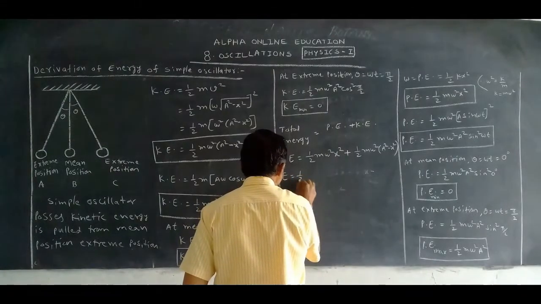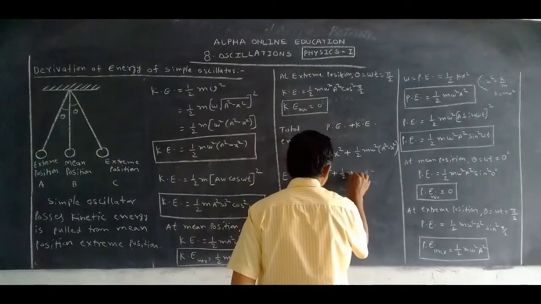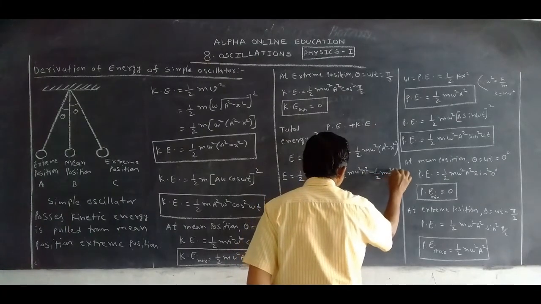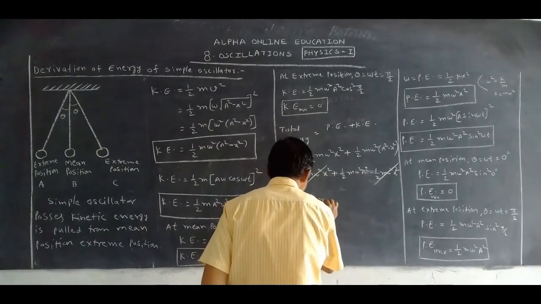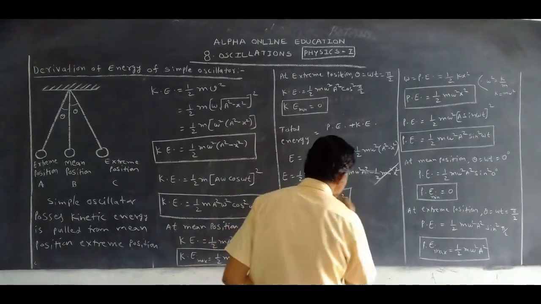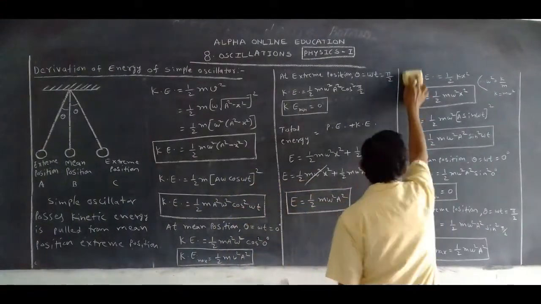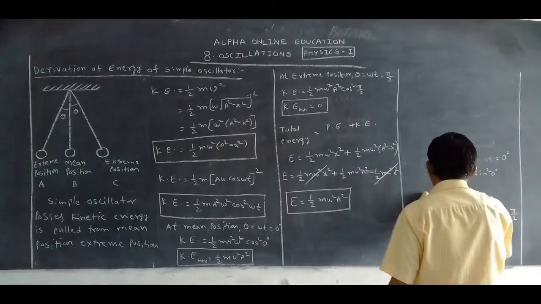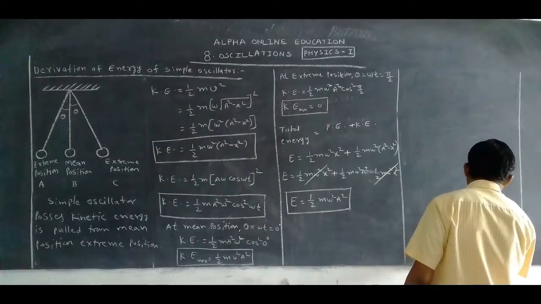So E is equal to half m omega square x square plus half m omega square a square minus half m omega square x square. Both are cancelled. E is equal to half m omega square a square. This is the total energy of the simple oscillator. What is the energy of the simple oscillator? E is equal to half m omega square a square.